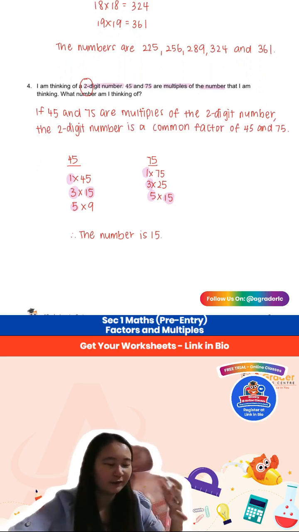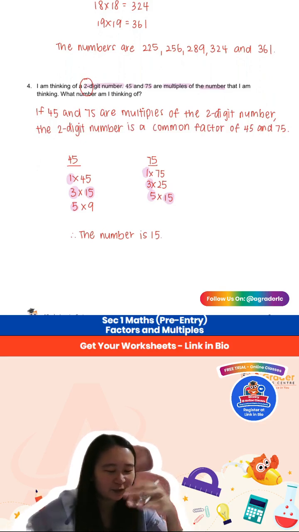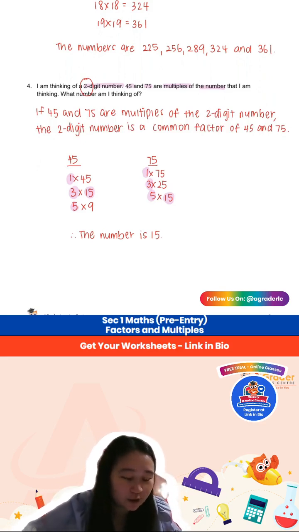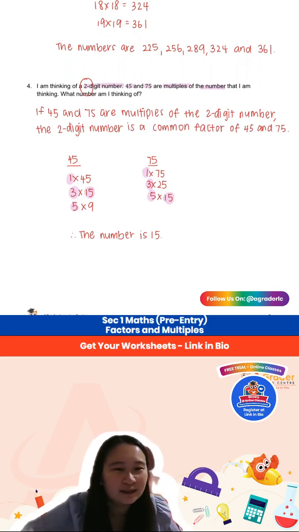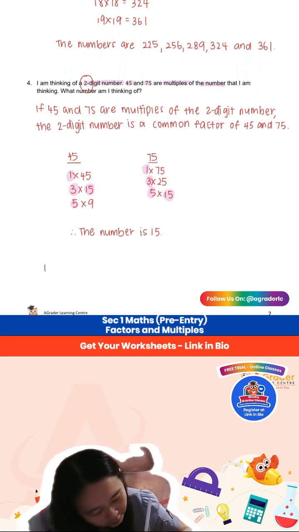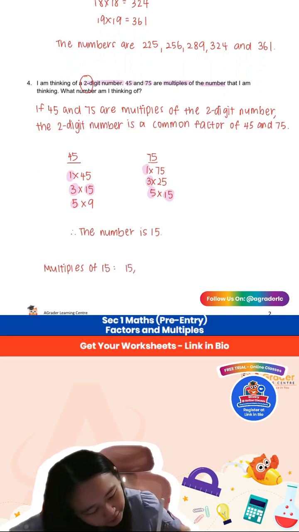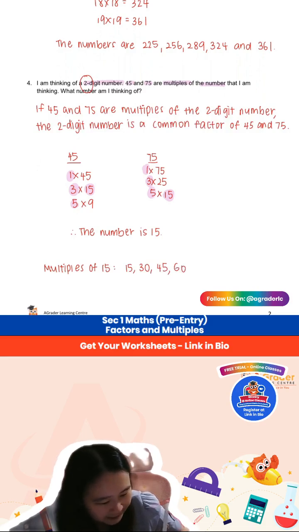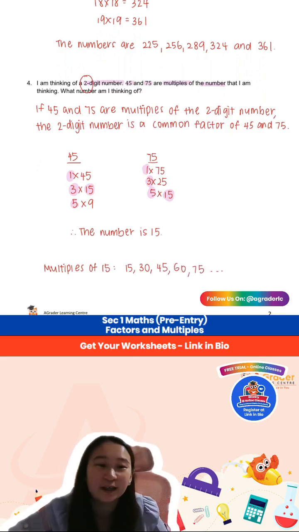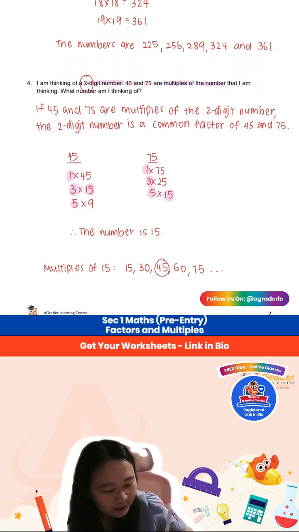Okay, so if the number is 15, are 45 and 75 multiples of this number? You see what are multiples of 15? You have 15, 30, 45, 60, 75, and so on, right? So can you see?